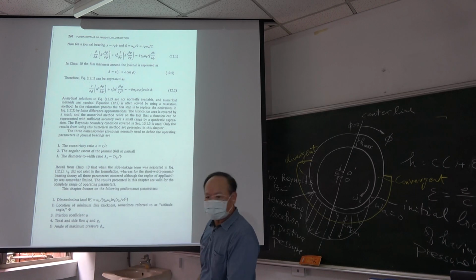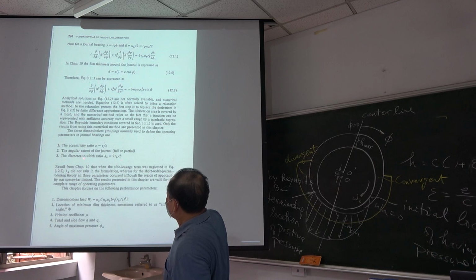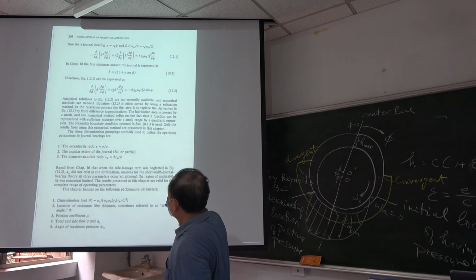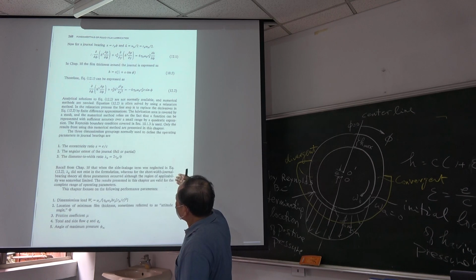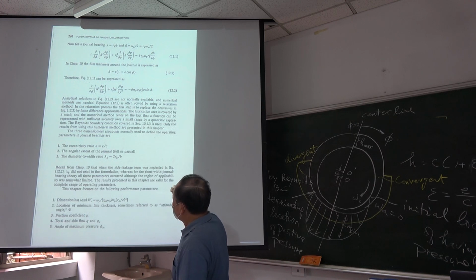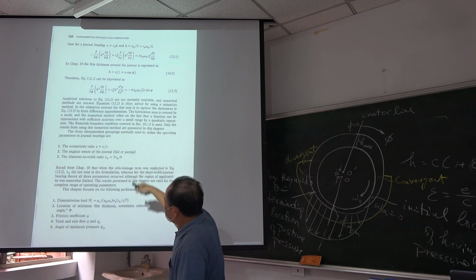Aspect ratio. So in this case, we have three parameters in the journal bearing. This is what we design; we have a choice in these three parameters.